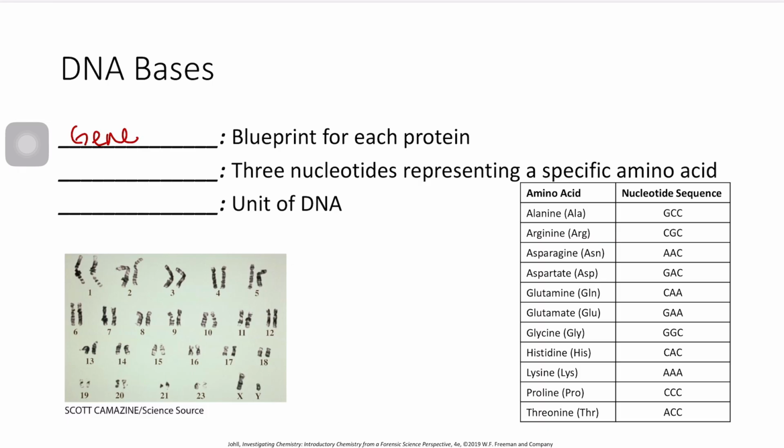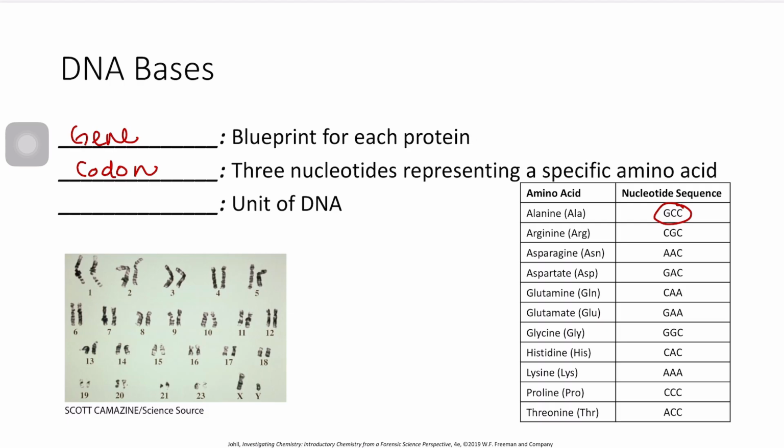And the blueprint for a protein is going to be three nucleotides that represent a specific amino acid. So the nucleotide sequence for alanine is GCC. That is the code, if you will, in order to trigger your body to make alanine.